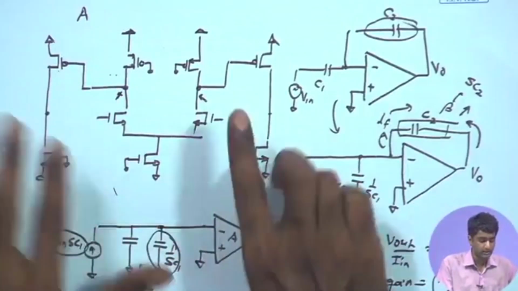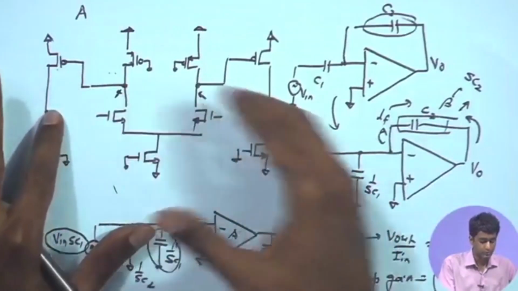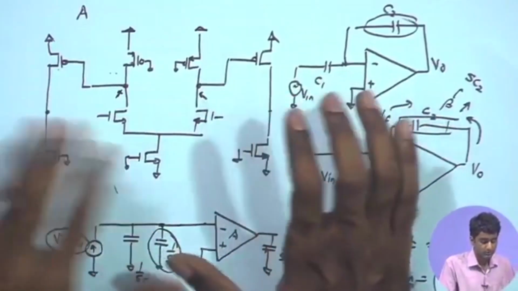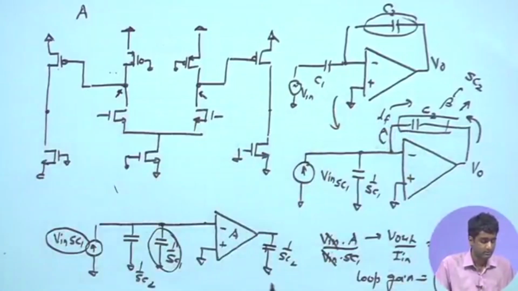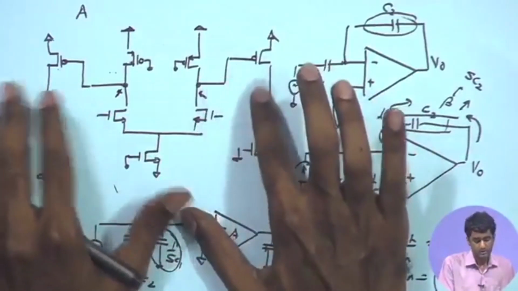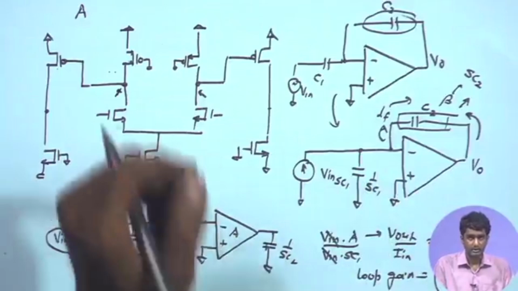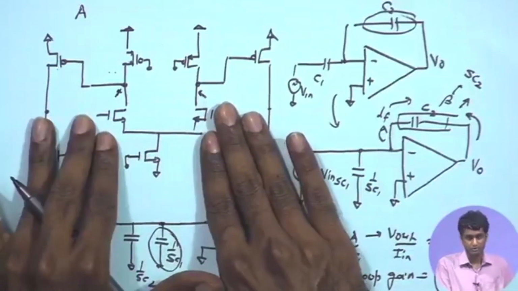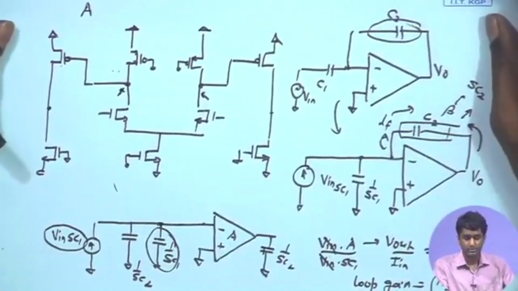We will be looking at the overall frequency response coming from the 2 pole system and trying to look at the Miller compensation for getting an improved phase margin, and from there we will look at another concept of zero, how the application of Miller compensation creates additional problems, introduces zeros in the circuit, and then briefly we will discuss a couple of ways to address that issue and ensure overall stability for the differential feedback loop.